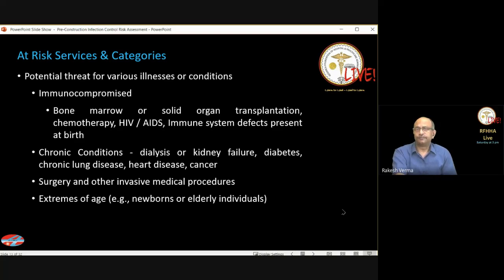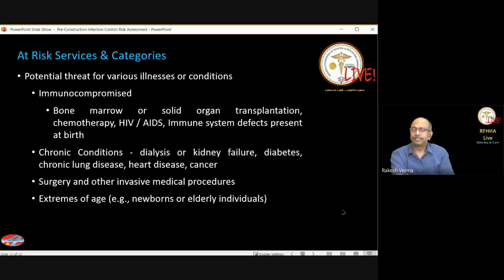The second category will be people who have a compromised immune system from pre-existing comorbidity. So this could be patients with renal failure, diabetes, which is complicated, chronic lung disease, chronic heart disease, cancers.